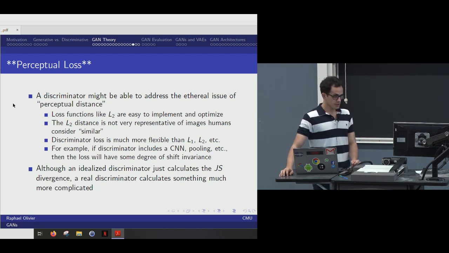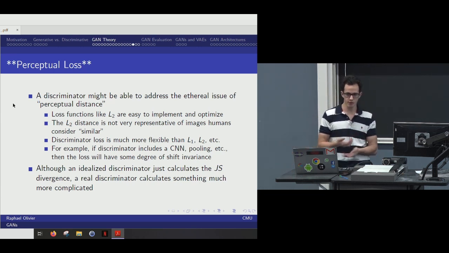But those losses are always surrogates, as you've seen, and usually they're not perfect. You can have two images that look very similar to the eye, but from the perspective of the loss that you're looking at, they seem very different, and so your network is not optimizing exactly what you want.